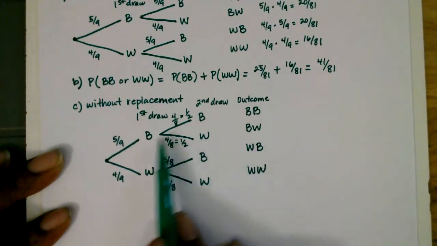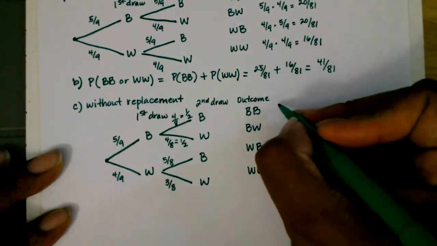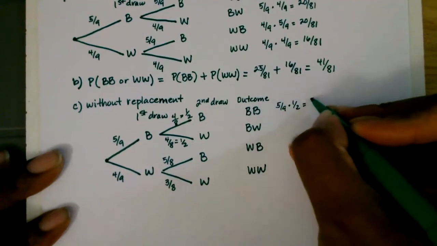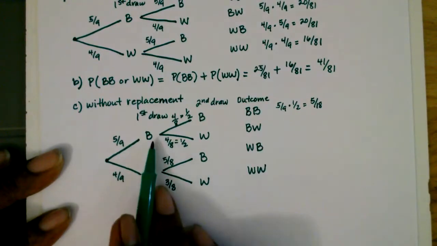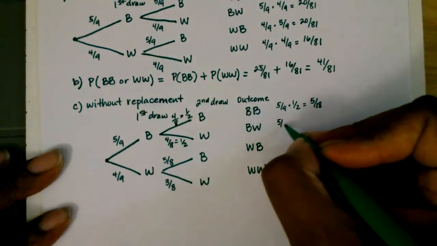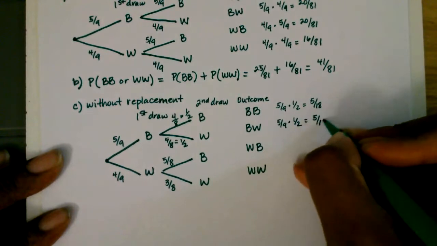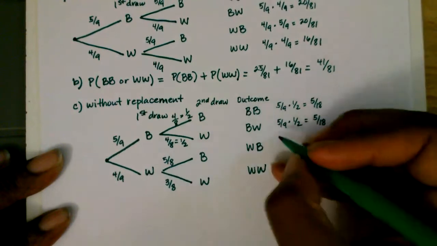So the probability of selecting 2 black balls, that's going to be 5/9 times 1/2, that will be 5 over 18. And then for a black and a white, 5/9 times 1/2, that'll still be 5 over 18. And then for a white and a black, 4/9 times 5/8.